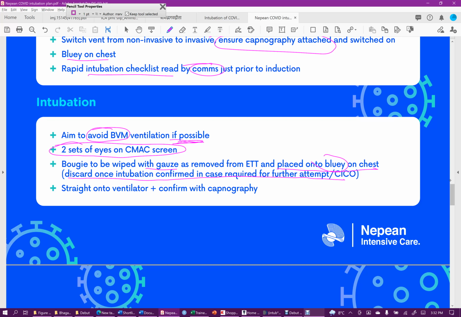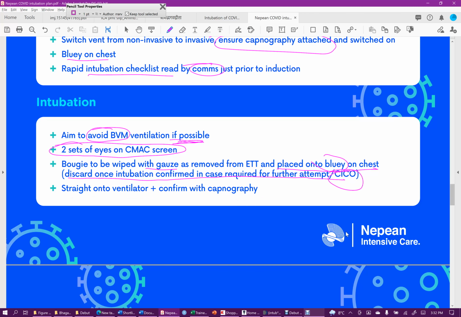Make sure you don't throw it until you have confirmed that the tube is in. Otherwise you might need it for a cannot intubate, cannot oxygenate situation, for surgical airway, etc. Then straight onto the ventilator and confirm with capnography.